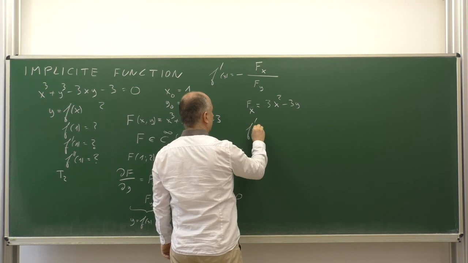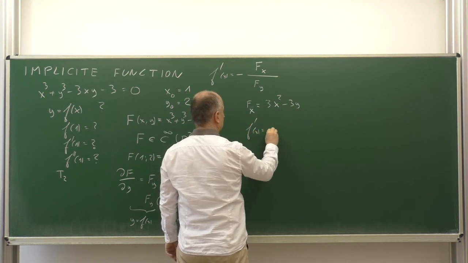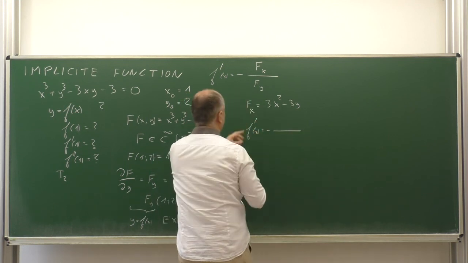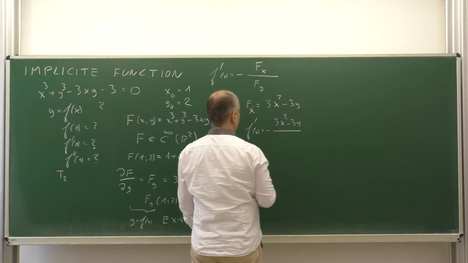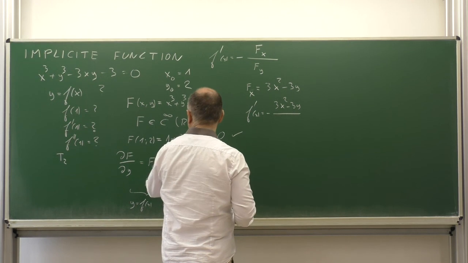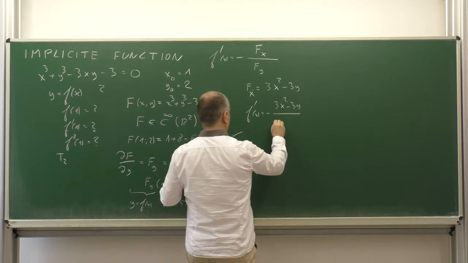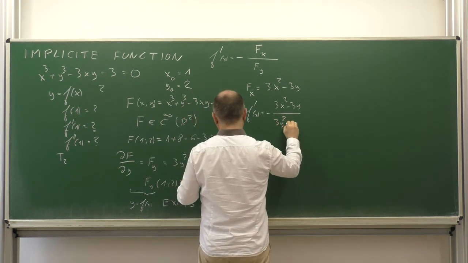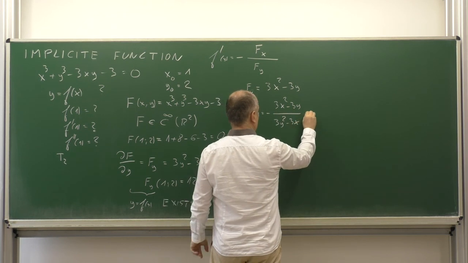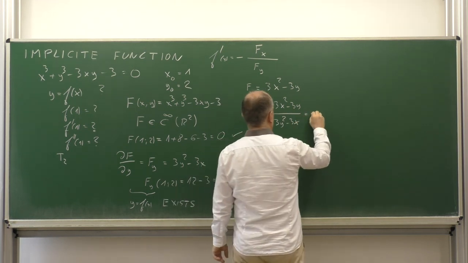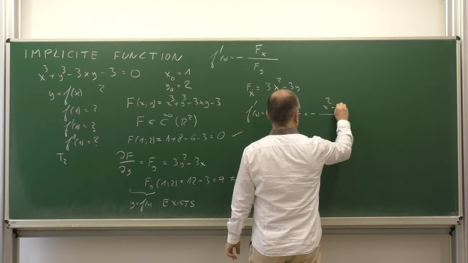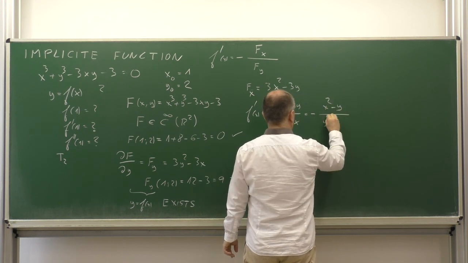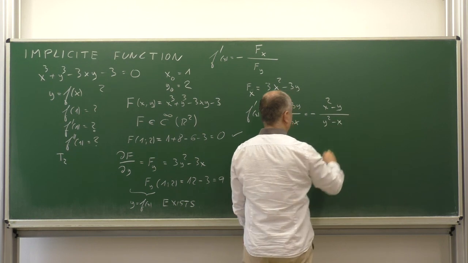Now we can write the derivative: minus Fx, which is 3x squared minus 3y, divided by Fy, which is 3y squared minus 3x. We can reduce 3 and we have minus the fraction x squared minus y divided by y squared minus x.